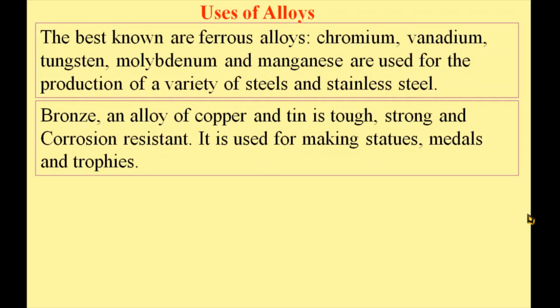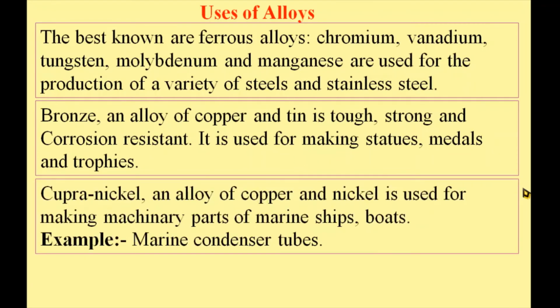Bronze is used for making statues, medals and trophies. Cupronickel, an alloy of copper and nickel, is used for making machinery parts of marine ships and boats. Marine ships and boats are generally in saline water, and saline water easily corrodes iron.